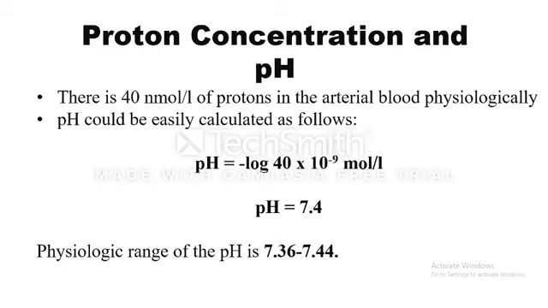pH can be easily calculated through this formula, and our physiological pH is basically 7.4, and the range that is supposed to be normal for pH is 7.36 to 7.44. So our arterial blood should be in this range, 7.36 to 7.44.